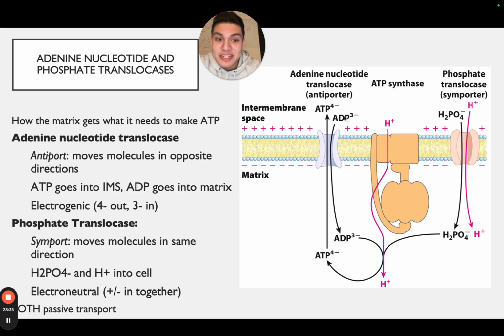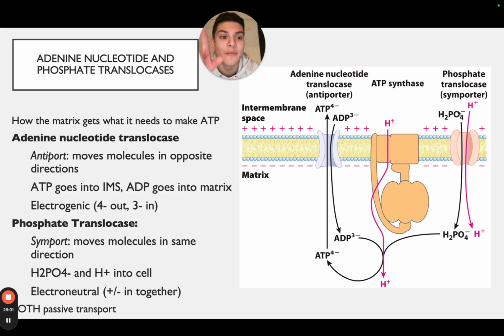So what ends up happening is a -3 charge comes in and a -4 comes out. What is the net? The net is that a negative charge will leave. And so that's exactly what electrogenic means, is that your charge in the membrane potential between the matrix and the inner membrane space, not to confuse topics, but the charge is going to basically cross the membrane and it's going to equilibrate, if that makes sense, because our negative is going from the negative to the positive. So it's going to equilibrate. That's what we call electrogenic.